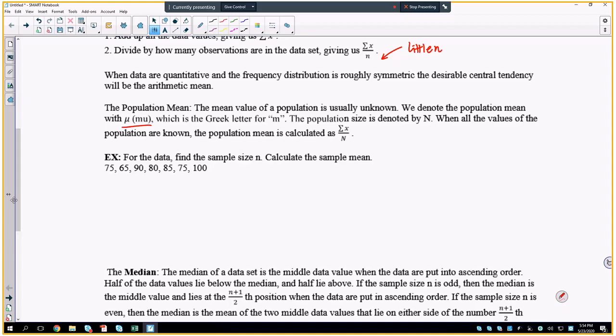When talking about population size, we might use capital N instead of lowercase n. Okay, when all of the values of the population are known, we can calculate the mean. Like I said, we might not often be able to get values for every single member of a population, but if we do, we just add them up and divide by capital N.